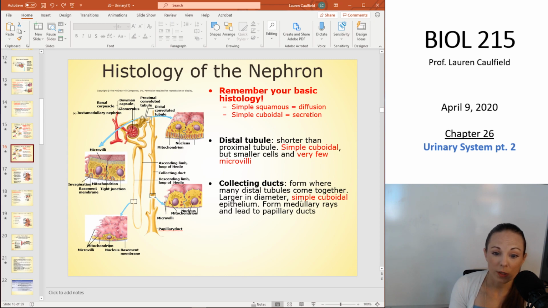We're not doing a whole lot of exchange in the collecting ducts. So this simple cuboidal is just going to allow for this movement of fluid from our nephron to our papillary duct. All right, so that is getting us set up for talking about the different segments of the nephron and what they do.